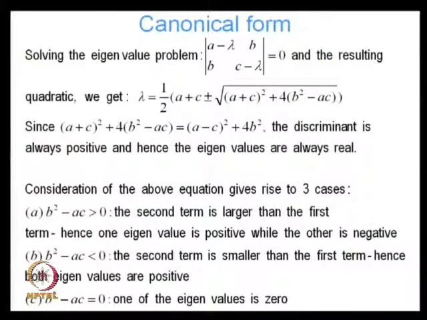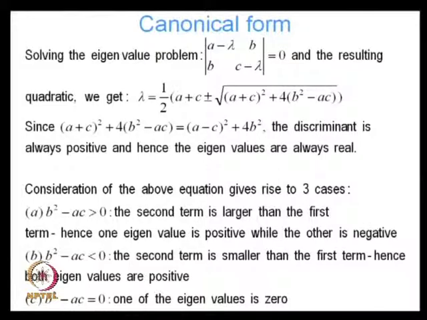Now, consideration of the above equation gives rise to 3 cases. What are those 3 cases? One case is when b square minus ac is positive. In that case, the second term is larger than the first term, because the contribution b square minus ac increases the term within the square root.